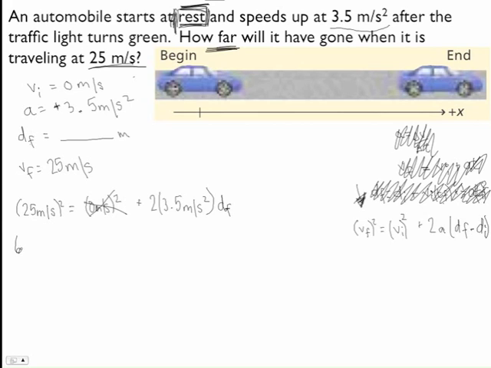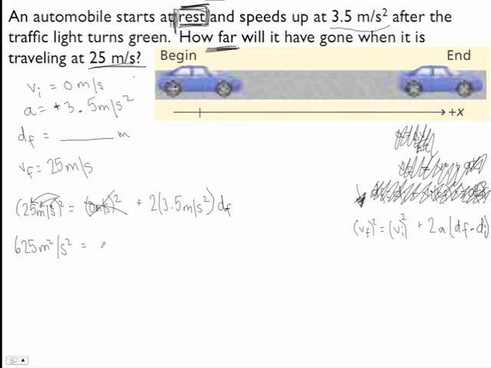So now we have 625 meters squared per second squared. Remember, you see these two? The squared goes to both of them. So this gets squared, this gets squared, and this gets squared. Okay.